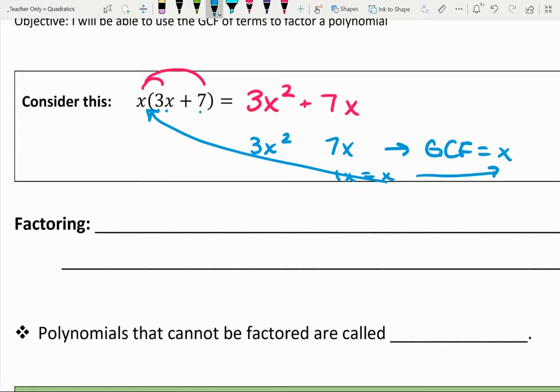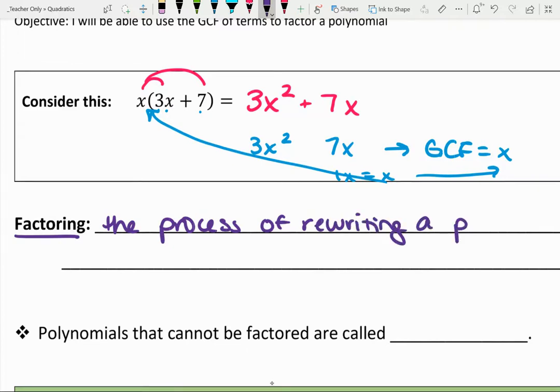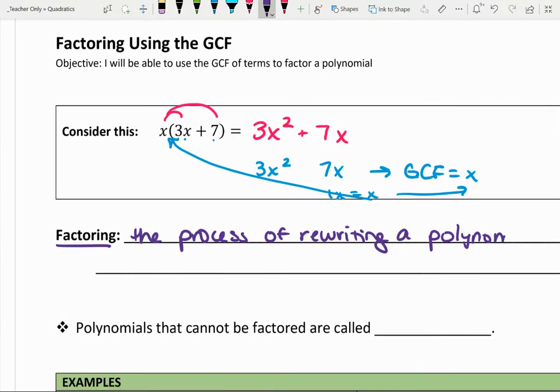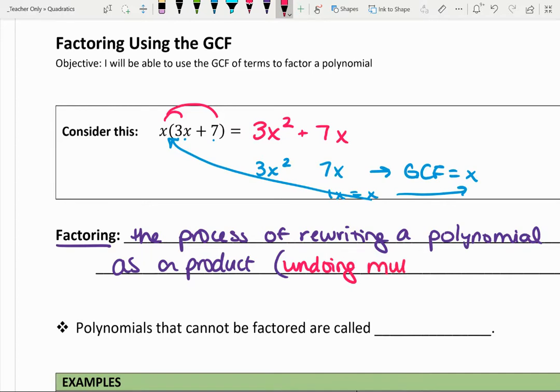And so when we think about factoring, factoring is the process of rewriting a polynomial as a product. And so essentially, the long story short, is that we are undoing multiplication.